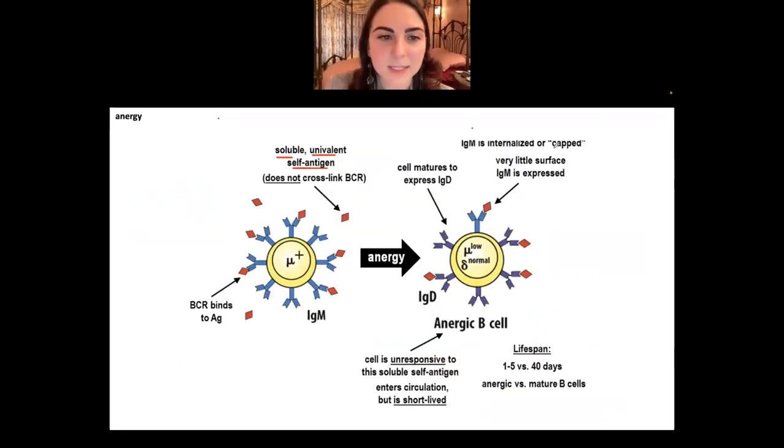If this happens, it's recognizing antigen, but not super strongly, so it's going to undergo anergy. From here, this cell is completely unresponsive to anything else. It can't do anything, it doesn't get activated, it just exists as an anergic cell. It goes to the periphery, but then it just dies. Again, no clue why anergy is a thing, but that's what it is. It's basically what happens when it's reacting to some self-antigen.